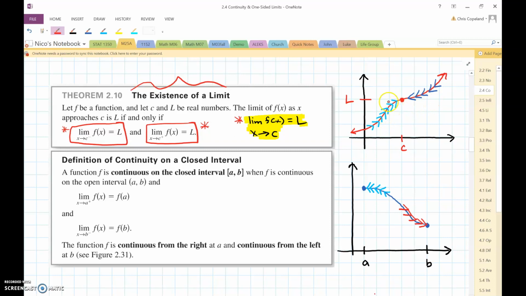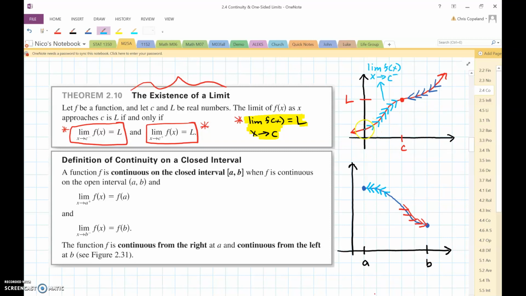So this here in the light blue is showing you when x is approaching c coming from the left.